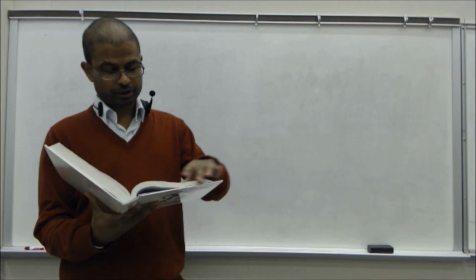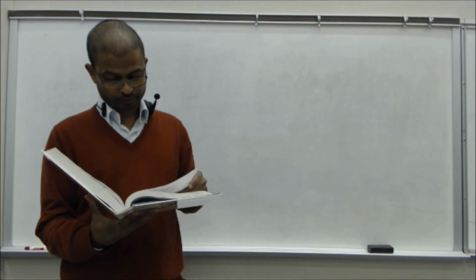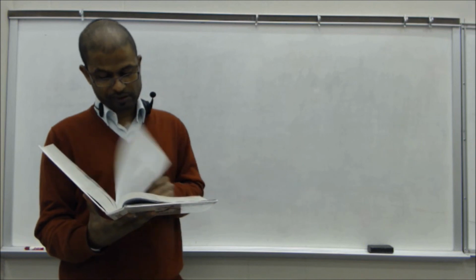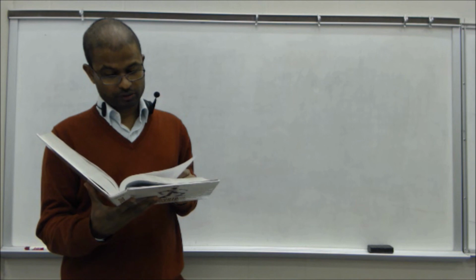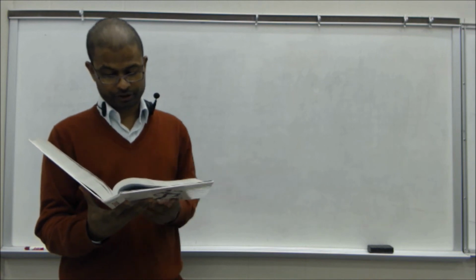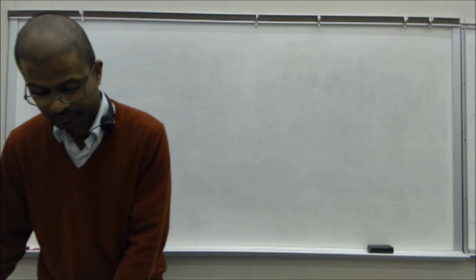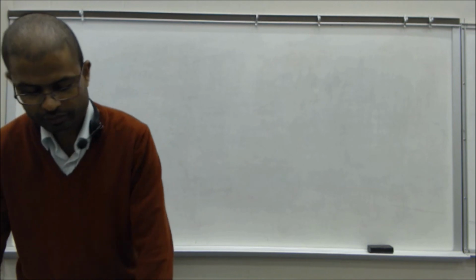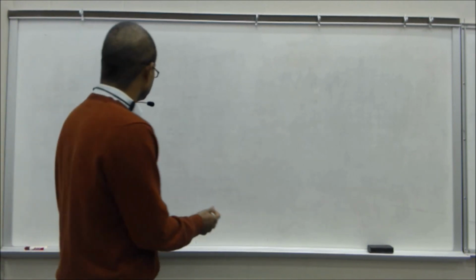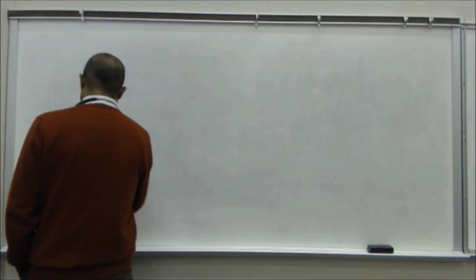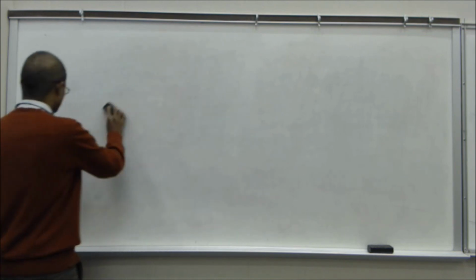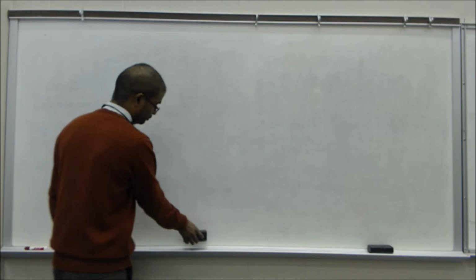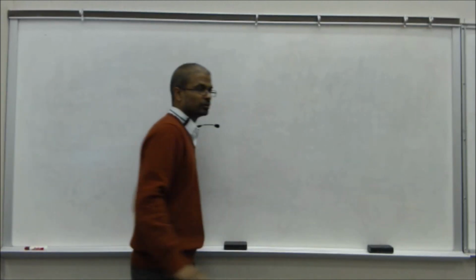Today we're going to look at something called the Routh-Hurwitz criterion for stability. If you're given a low order system, you can easily determine whether that system is stable or not by going through the poles.